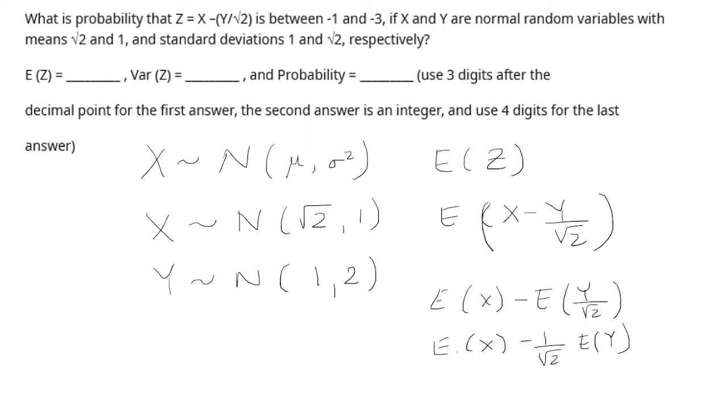At this point, the expected value of X is just the mean of X, which we said is root 2, and the expected value of Y we said is 1. So this is the expected value of Z, but we want it in three digits, so 3 decimal places. So that's going to be 0.707.